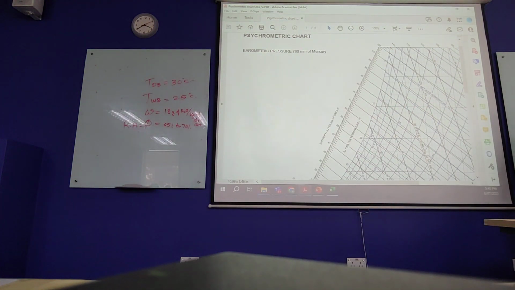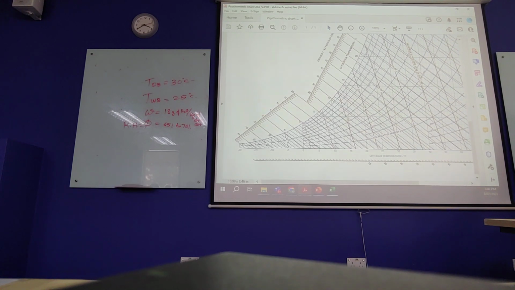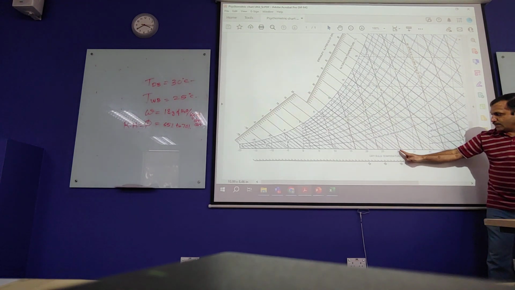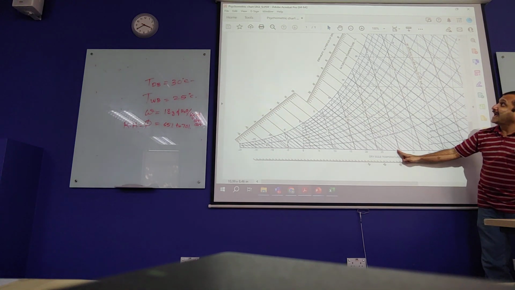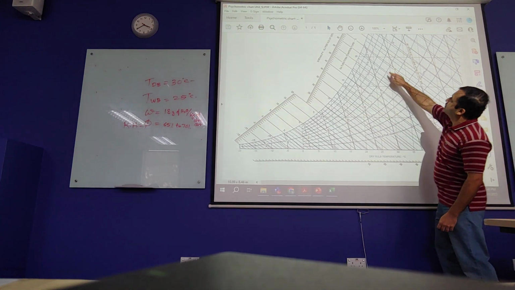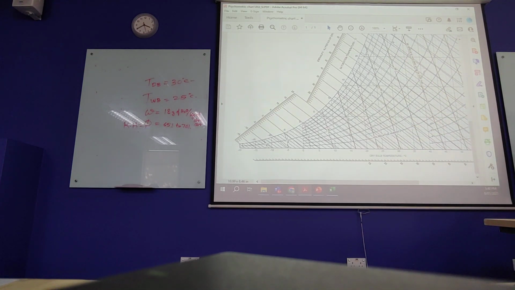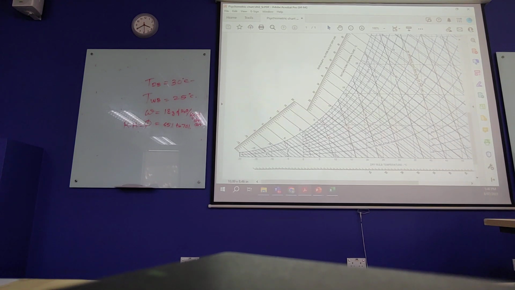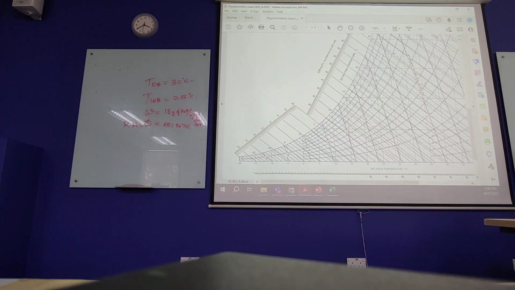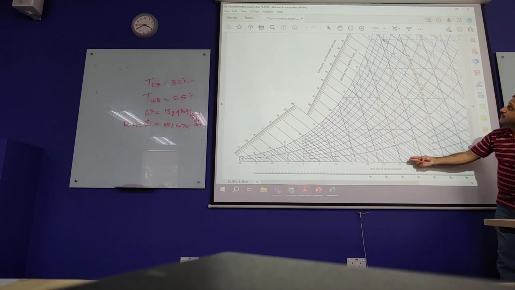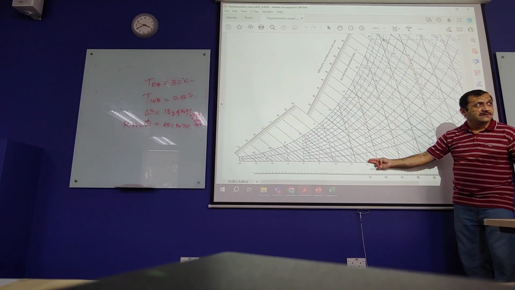So, everyone can see that? Originally we were at 30 degrees and 80% relative humidity. So, that curve somewhere up there. Now, from there, we have cooled down from that point where my cursor is, you have cooled down to 20 degrees.